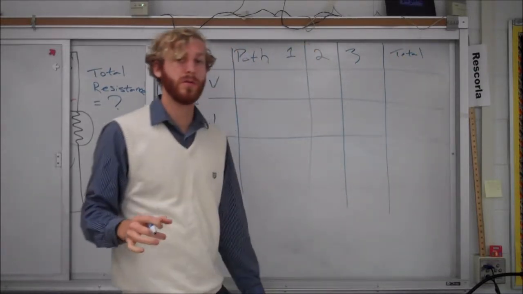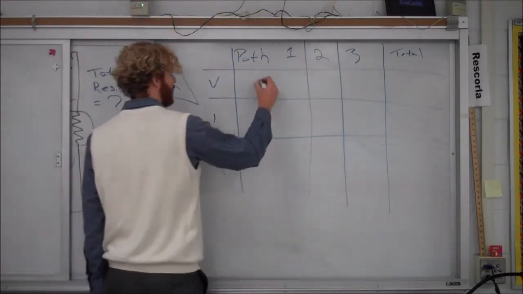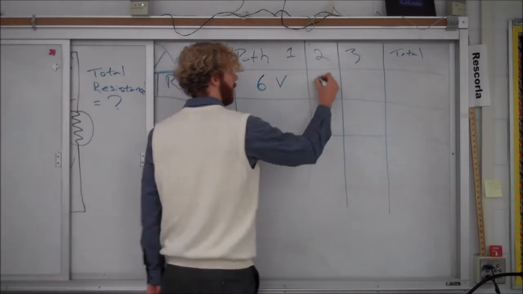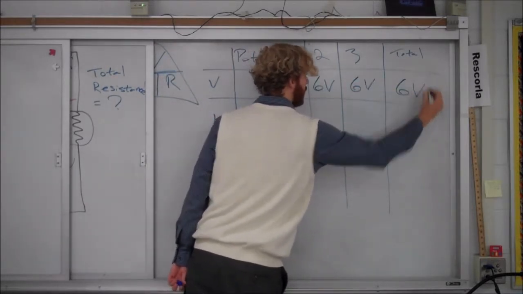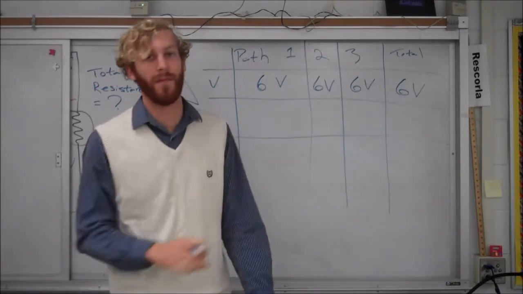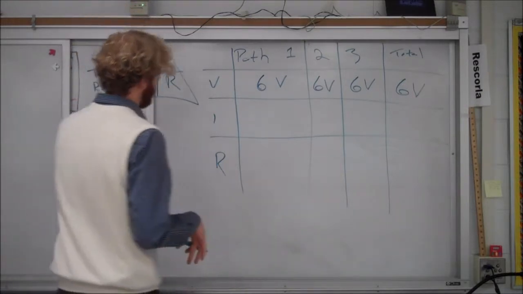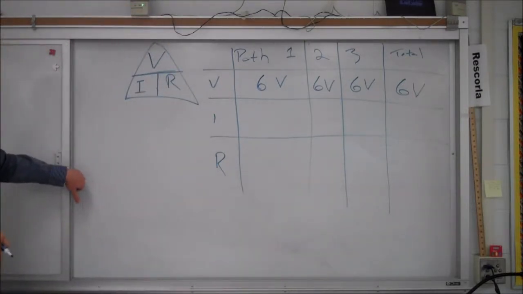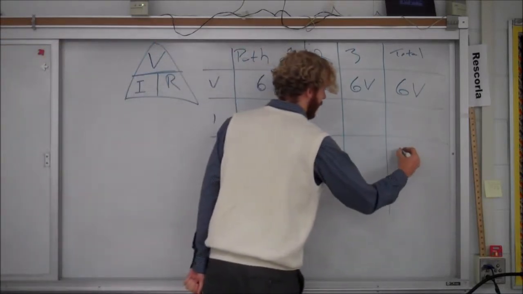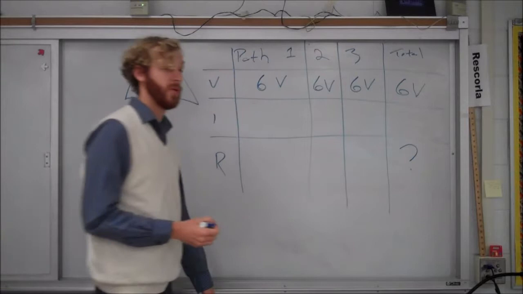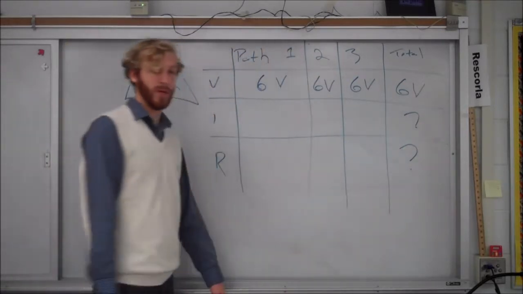So for all of the paths, including our total, our potential difference is 6 volts. So you can write that 6 volts throughout your whole entire board. Here's our final unknown. Now we also don't know the current through the total. So that's what we're working towards.